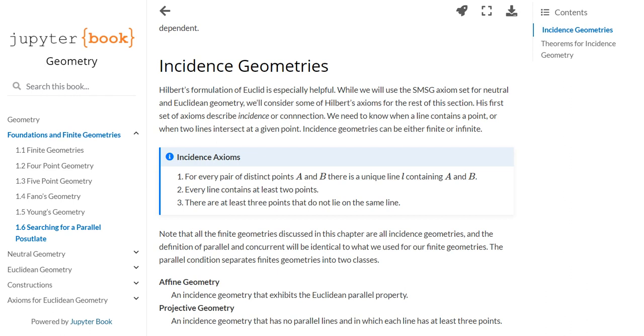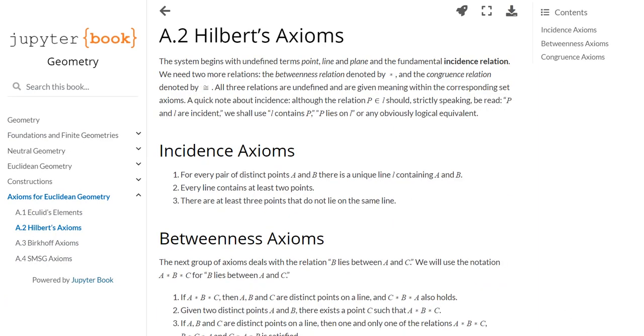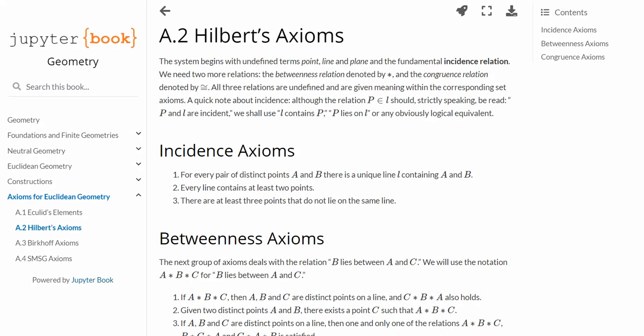The final thing is that Hilbert came up with this idea of incidence axioms. He actually had several kinds of axioms, and all of them are listed here. You can look up Hilbert's axioms and see that he has interesting names for the groups.